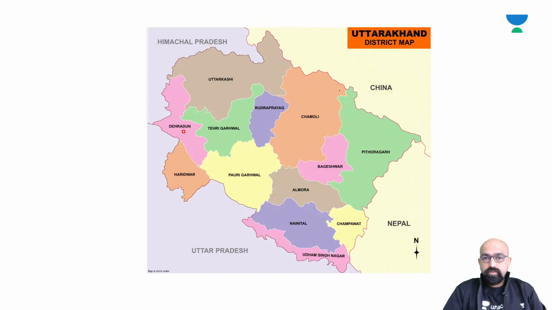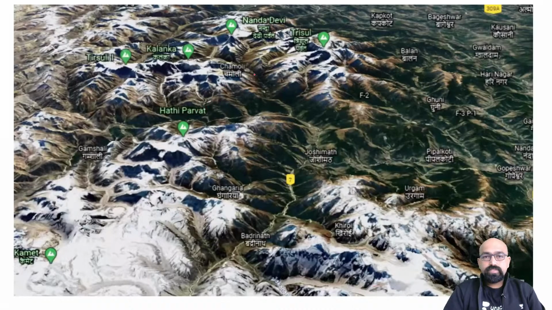We'll see the Chamoli district, which shares borders with Pithoragarh, Bageshwar, Pauri Garhwal, Rudraprayag and Uttarkashi districts of Uttarakhand. Now, this Chamoli district is a part of the Garhwal division of Uttarakhand, right?